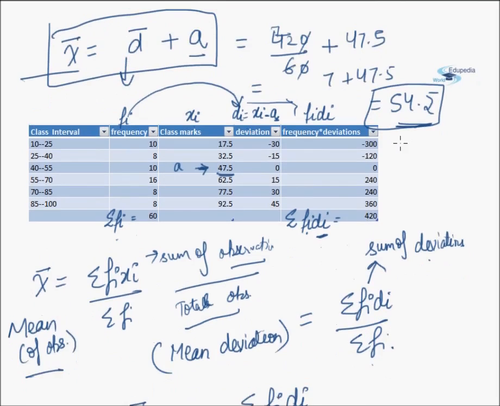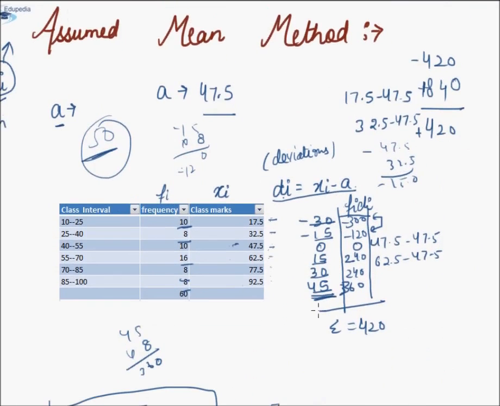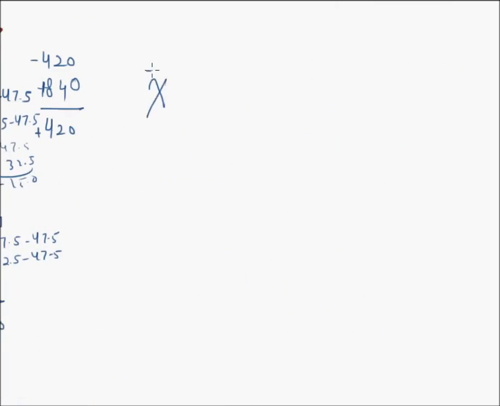So by this formula we calculated the mean as 420 divided by 60 plus 47.5, and the mean was calculated to be 54.5.